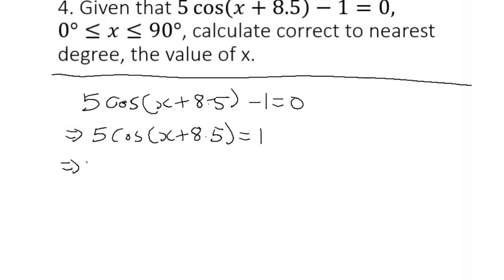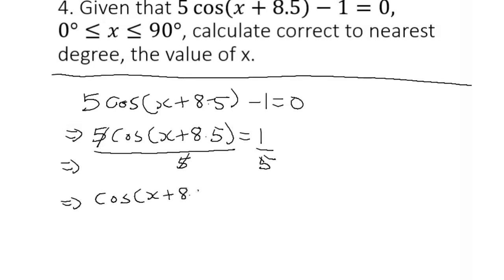And the next step, you divide both sides by 5. So 5 here will cancel 5. So you have cos of x plus 8.5 equal to 1 divided by 5, 0.2.